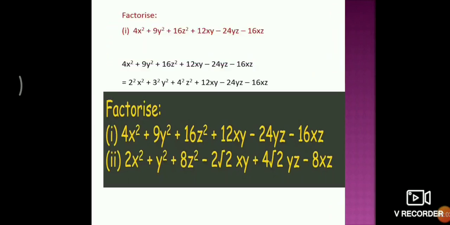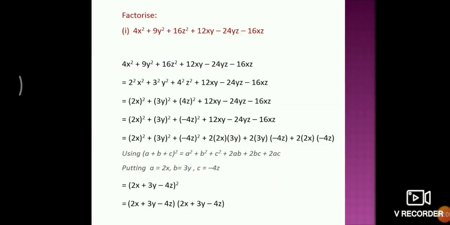Now, the first thing is to identify a, b and c in the given numerical. Here, this 2x will be our a, 3y will be our b, and 4z will be our c. But still it is not finalized, because we have to identify the sign also, whether in a, b or c we need to take a positive or negative sign.